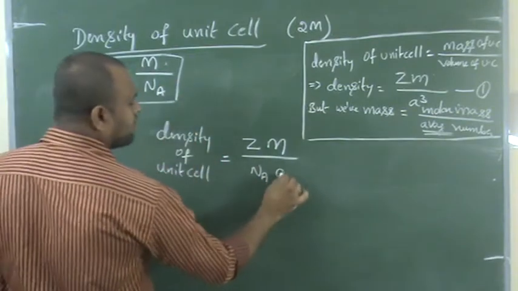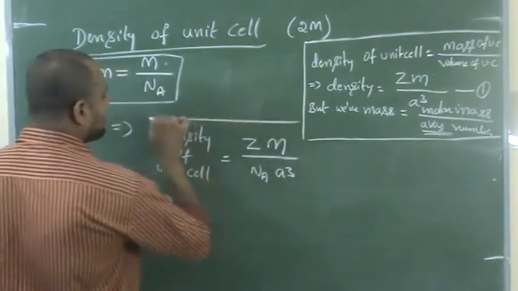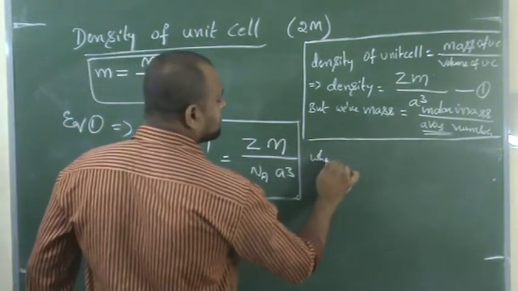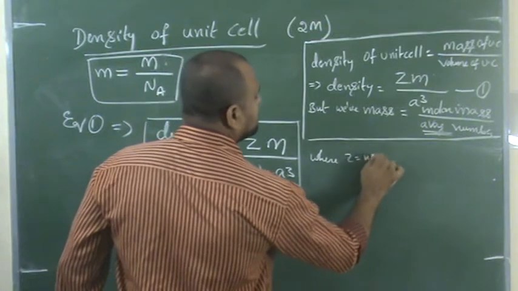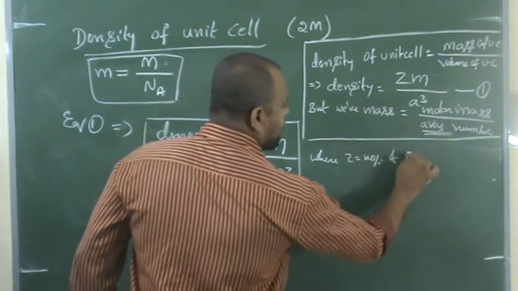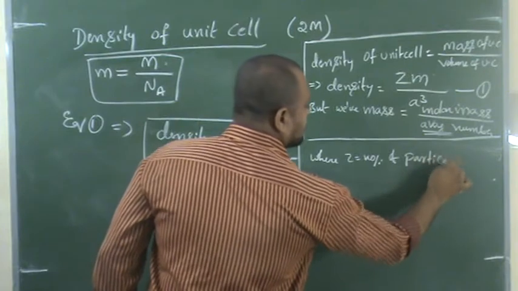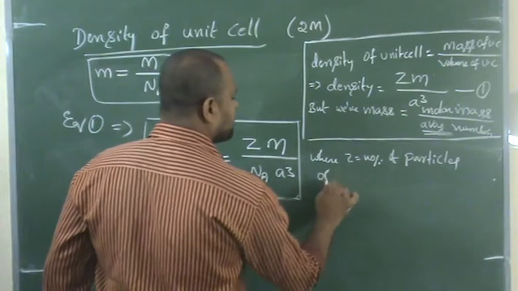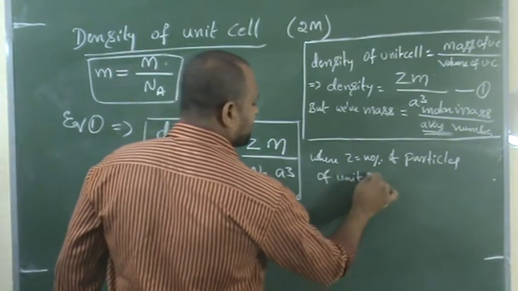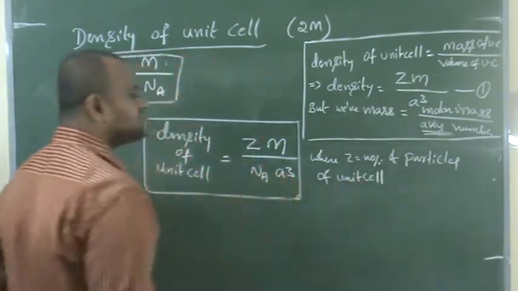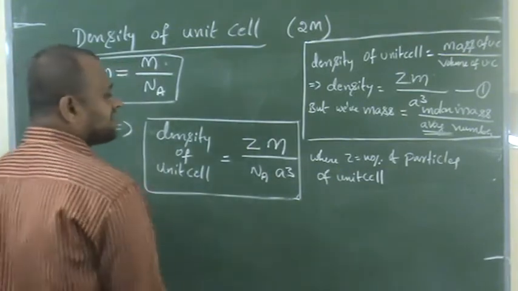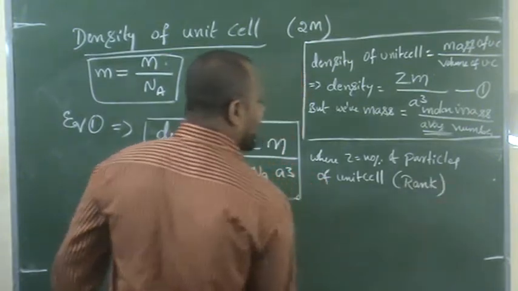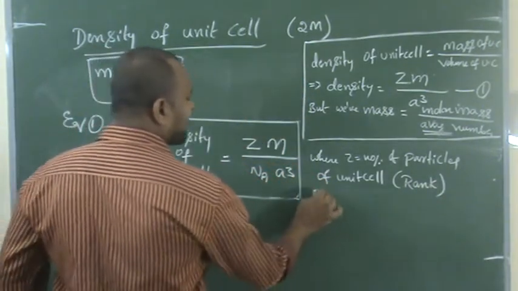Density equals ZM by Na into a cube. This is the density of the unit cell formula, where Z is equal to the number of particles of the unit cell, that is nothing but the rank of the unit cell.